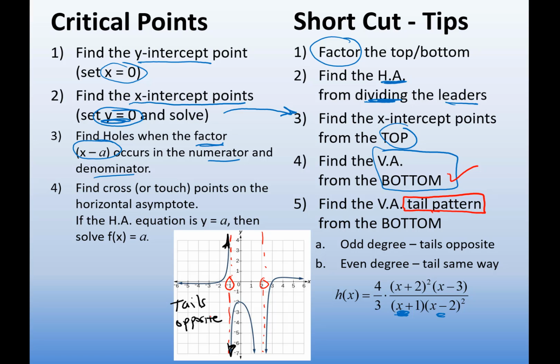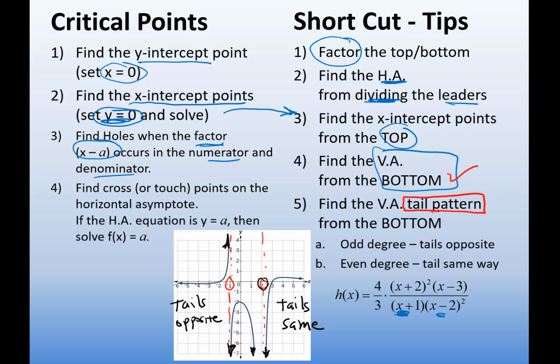One goes up, one goes down. But notice the tails at x equals 2. On the left side of this asymptote, the tail is down, and on the right side, the tail is down. This one, the tails are the same. So tails are going to be opposite or the same.